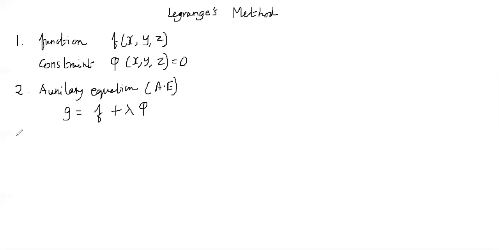So next what we have to do, the third step, we have to partially differentiate this g with respect to x. So this can be written as dou g by dou x.